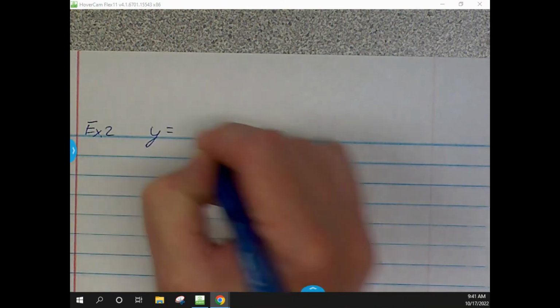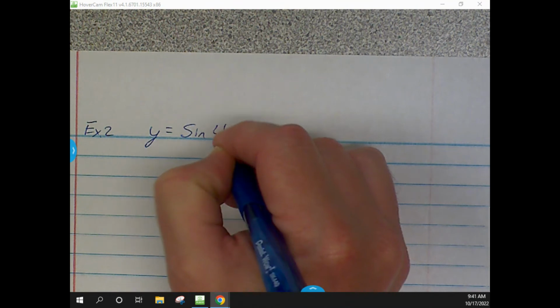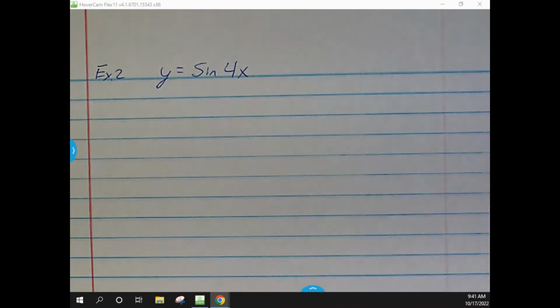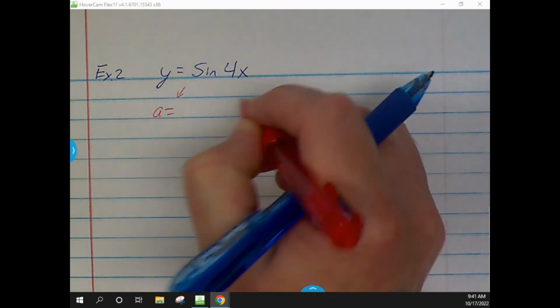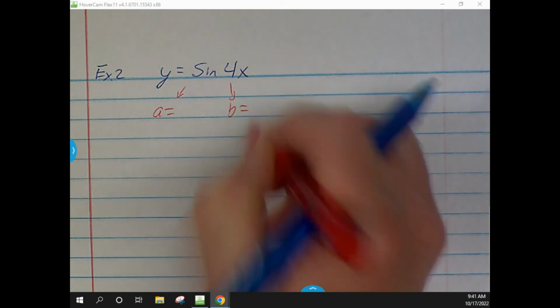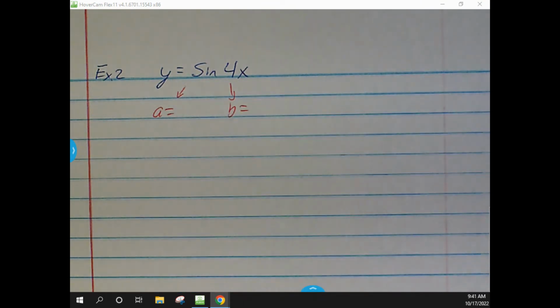All right, so for example 2, let's make it y equals sine of 4x. Wouldn't that just be the same formula? Well, no, because the A and B values are going to change.